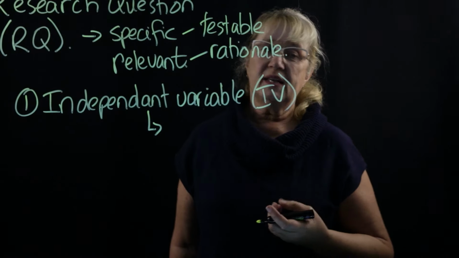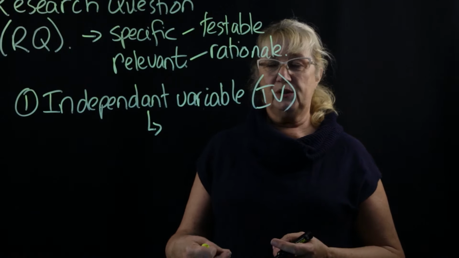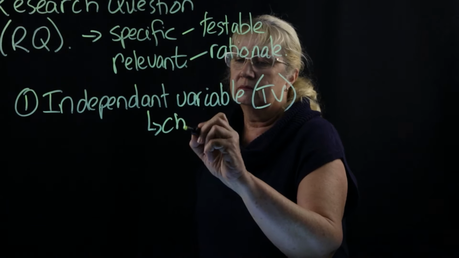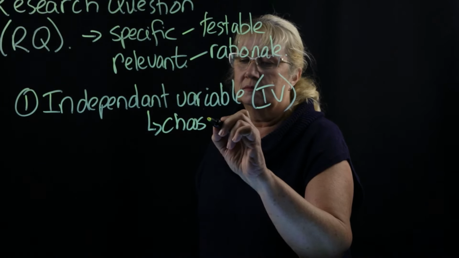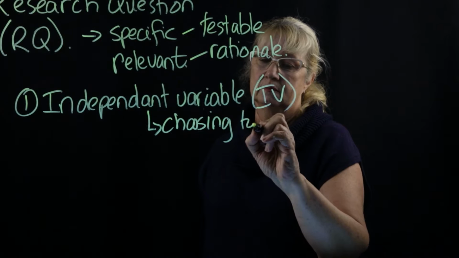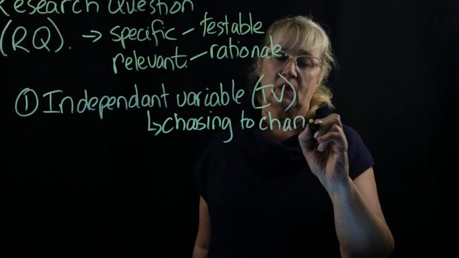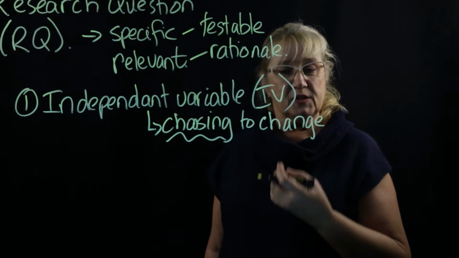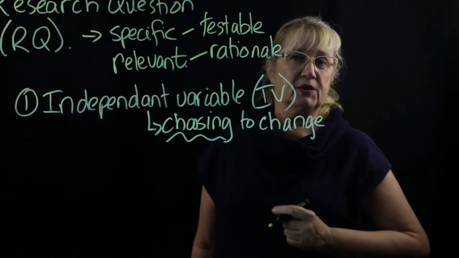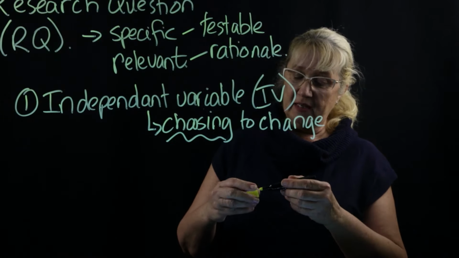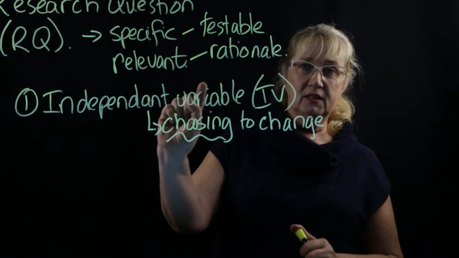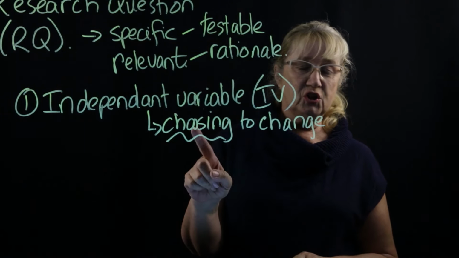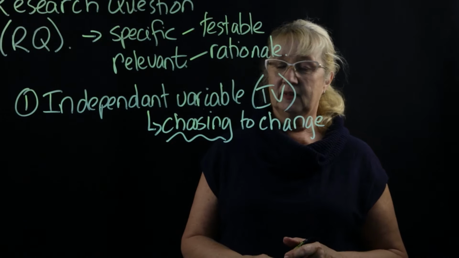I teach my juniors that it's the variable that they are choosing to change. Now, it's important that you don't get confused because your dependent variable is going to change as well, but your dependent variable is going to change as a result of the changes you make to the independent variable. So it's the choosing that's important here.